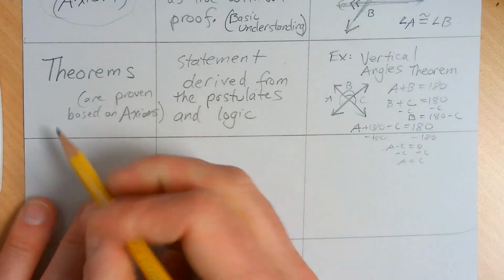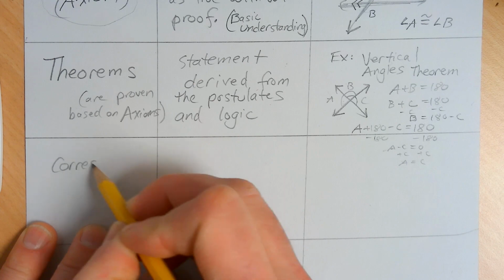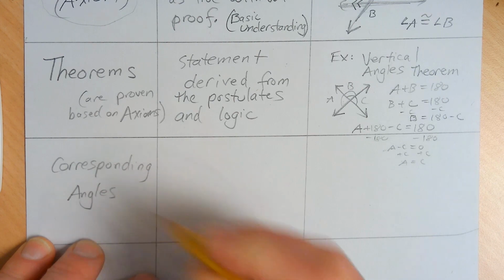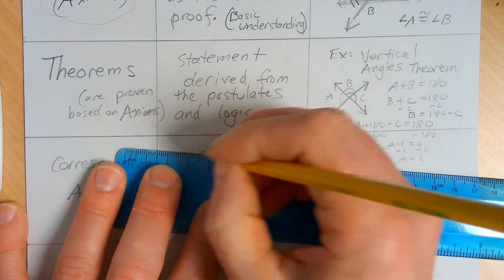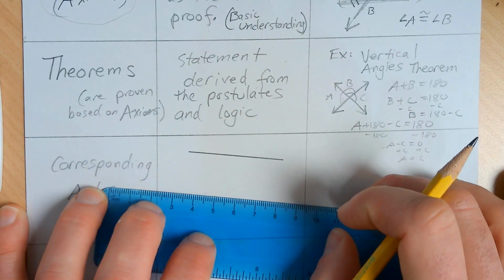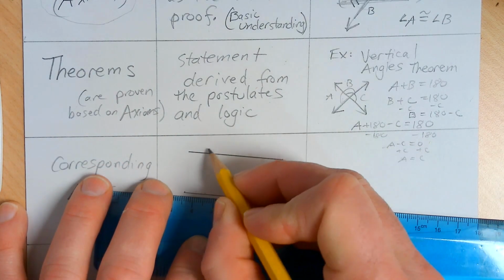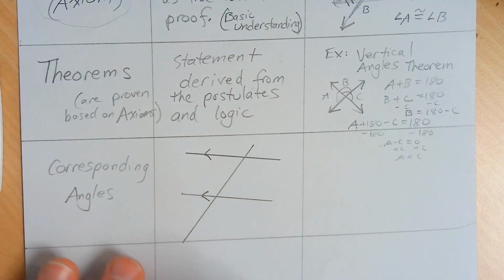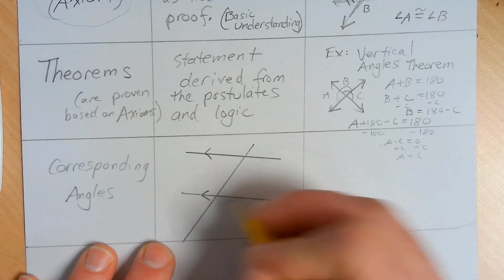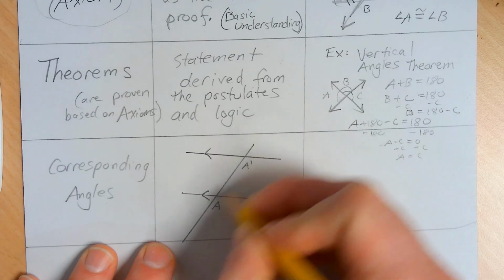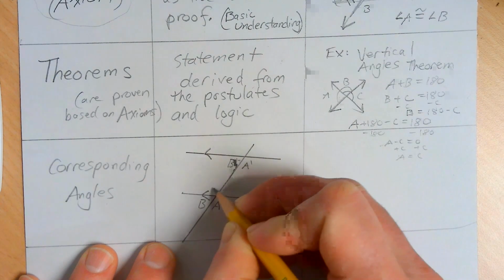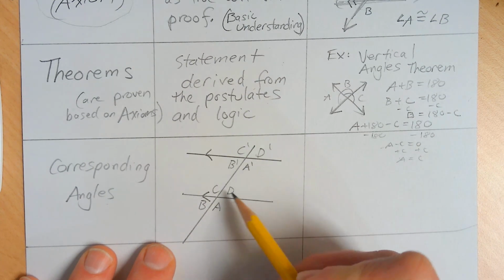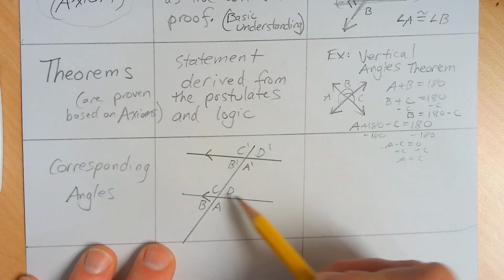All right, let's get into our, oops. So we're going to do corresponding angles. That's the key concept. These have got to be parallel. Oops, I did the picture first. Oh well. So A corresponds with A prime, B corresponds with B prime, C corresponds with C prime, D corresponds with D prime.